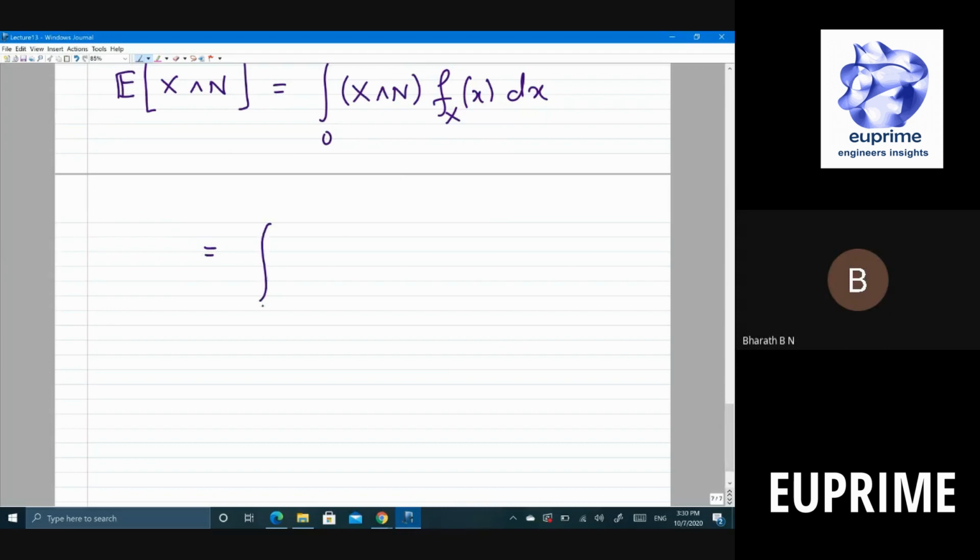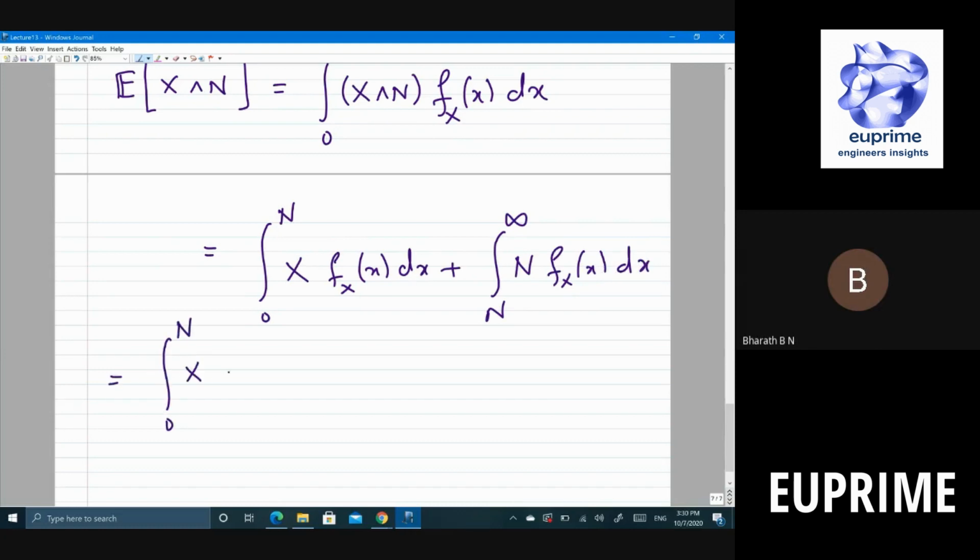From 0 to n, the minimum of x and n is x, so x fX of x dx, plus from n to infinity, the minimum of x and n is n, so n fX of x dx. So this is the integral from 0 to n of x fX of x dx plus n times the probability that X is greater than n. This is what we have.